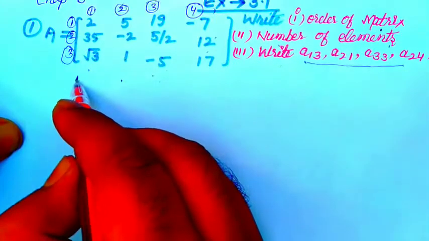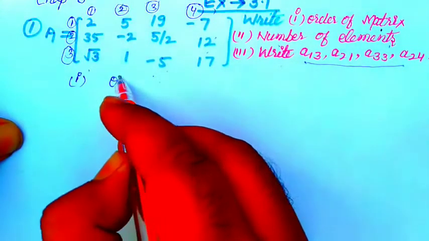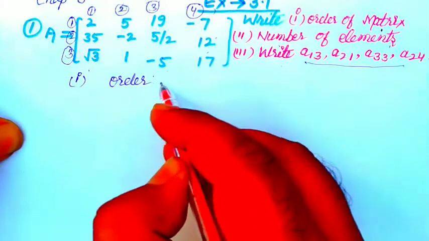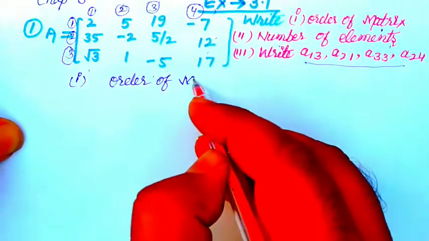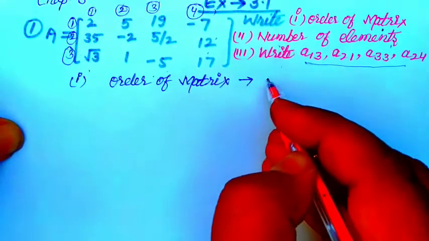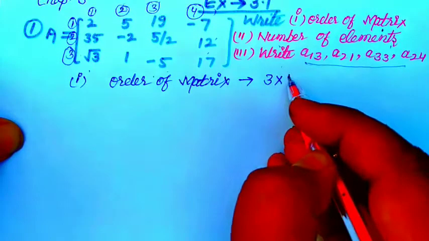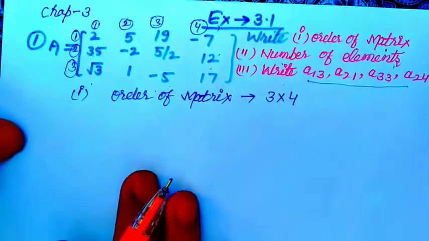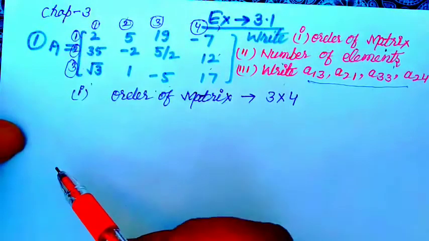So the first part, the order of the matrix, we can write as 3 by 4, isn't it? We have 3 rows and 4 columns here.